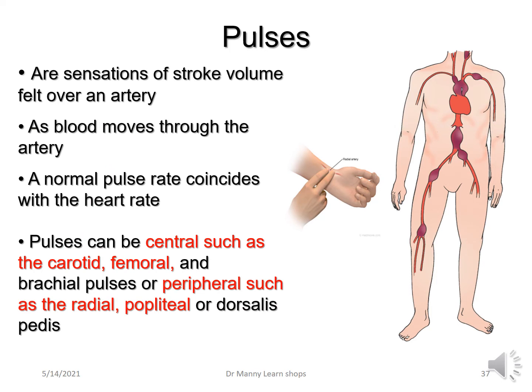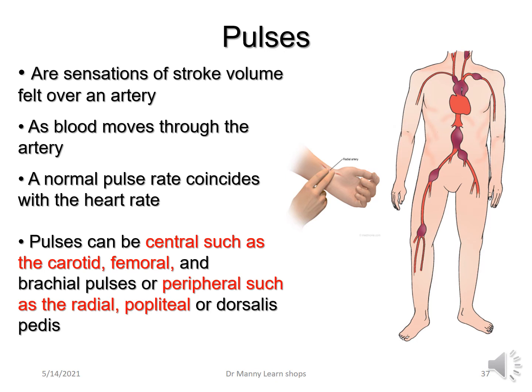Then you've got pulses. Pulses are sensations of stroke volume felt over an artery. And we feel these as blood moves through the artery. Whenever the heart beats, stroke volume, ejection, you feel a pulse. A normal pulse rate coincides with the heart rate, typically. But heart rate and pulse are not the same thing.